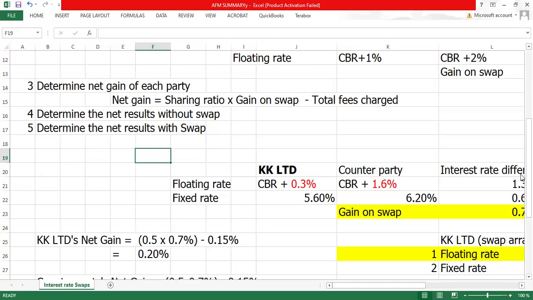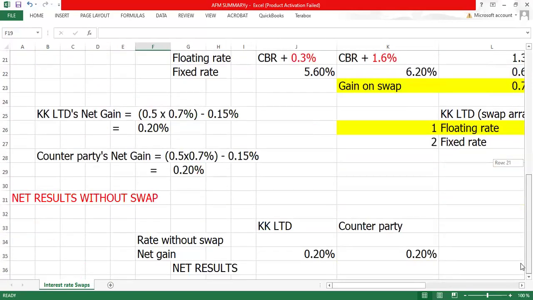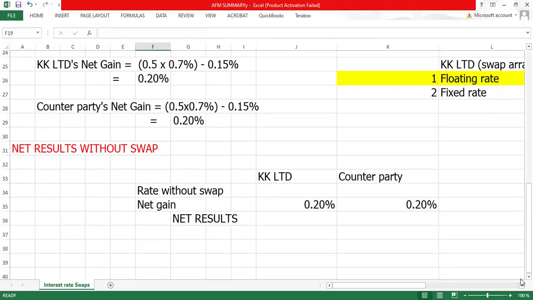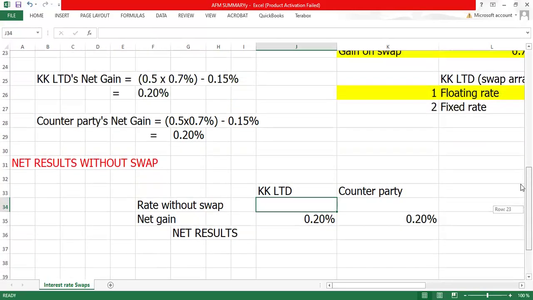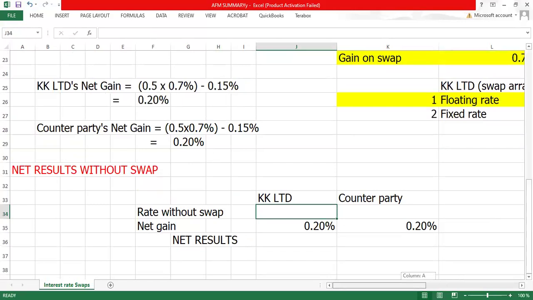So in arrangement without swap, we are going to start with KK Limited. We are going to start with which rate? Now I think you are experts. Tell me, we are starting with which rate? The fixed rate.